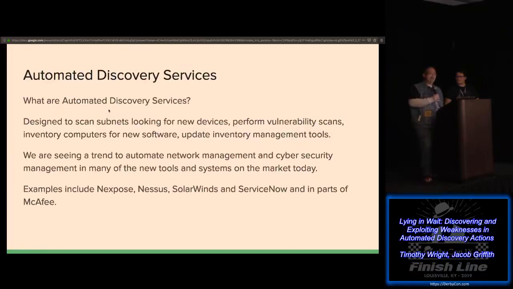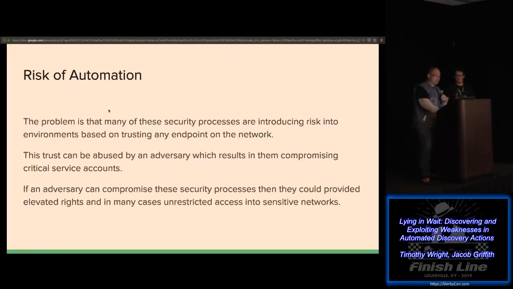Examples: Nessus, NexPose, SolarWinds, ServiceNow, and parts of McAfee all have these types of automated discovery functions. We're also seeing more and more tools being built with this type of automation baked in under the hood, and a lot of the artificial intelligence tools are doing some of this under the hood for us.